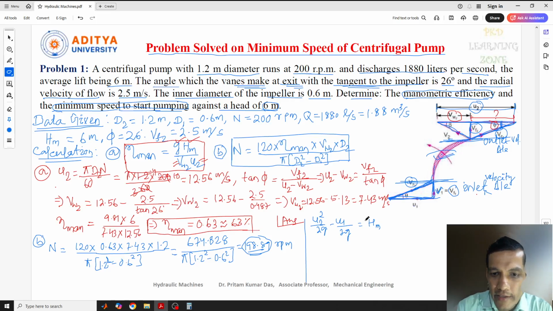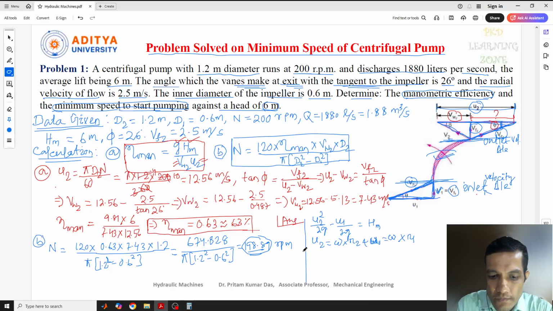So in this terminology, U1 and U2 are both tangential velocities. U2 we can write as omega into R2, and U1 equal to omega into R1, where omega is the angular velocity.